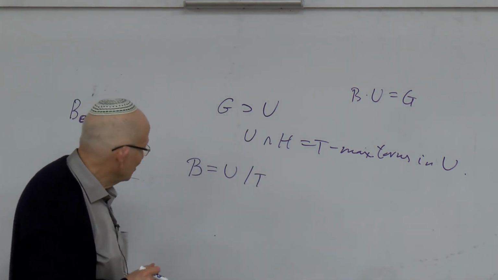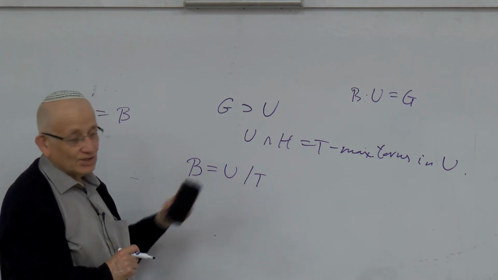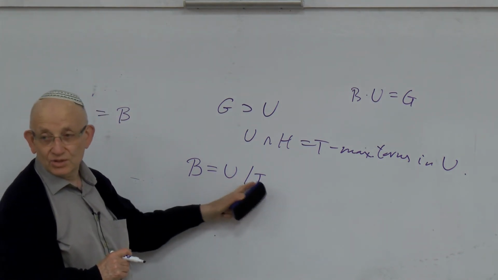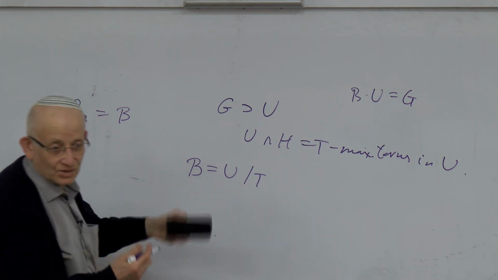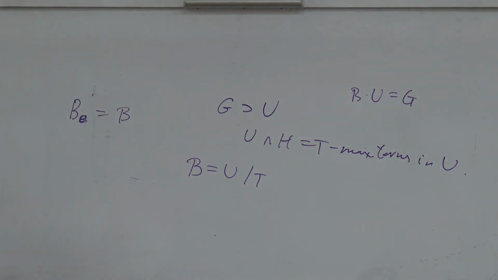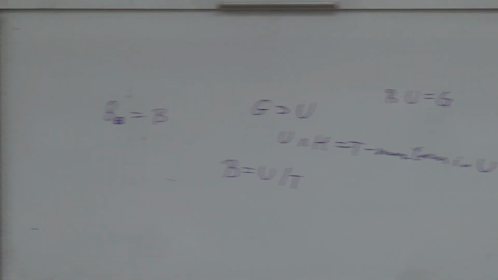Now here I have an action of W just on the right, because W normalizes T. So in this picture, I have an actual action of W on the space. But this is definitely not an action as an algebraic variety. It's just an action on a real variety.